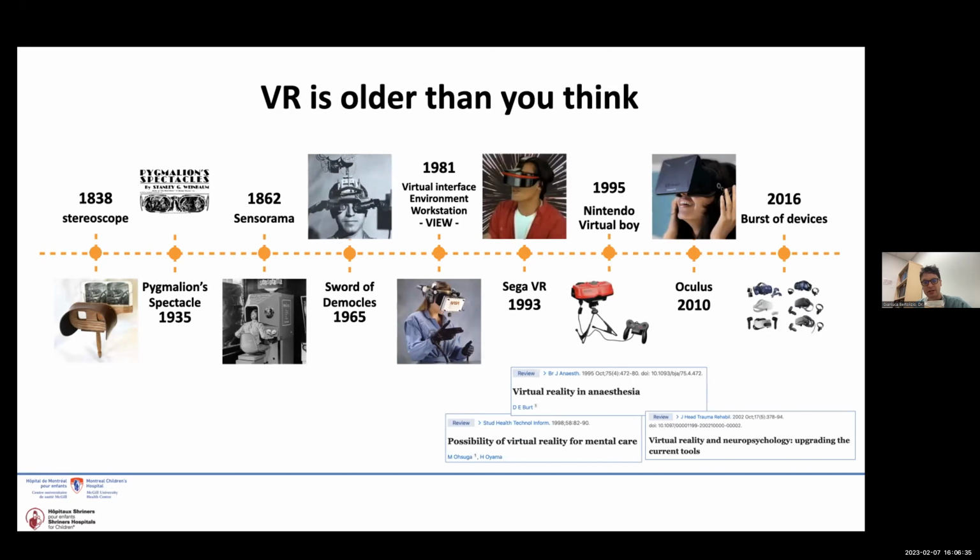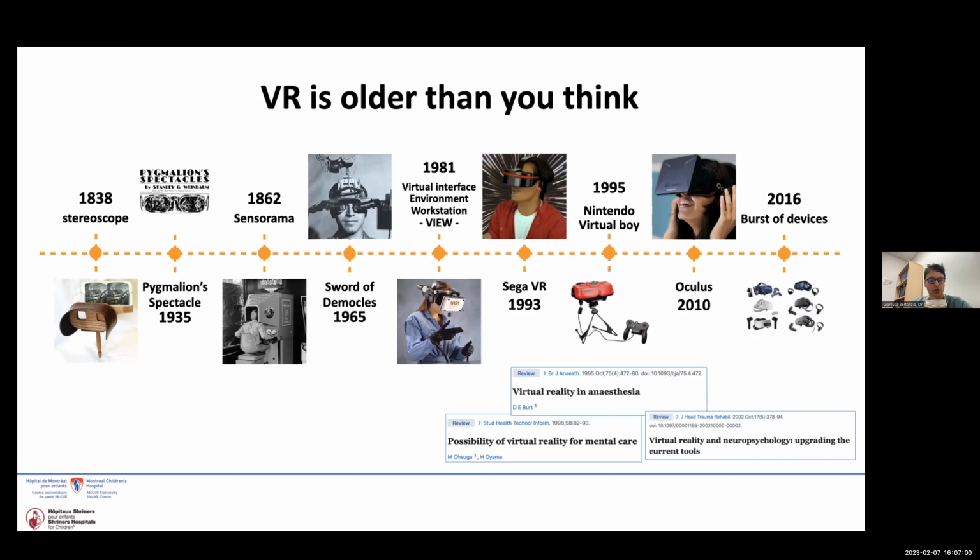About a century later, there was the first book about virtual reality, Pygmalion's Spectacles, where the main character could wear these goggles and enter a sort of movie where he could interact with people, feel smells, and basically live in this virtual reality environment.